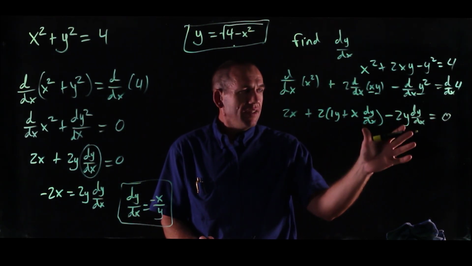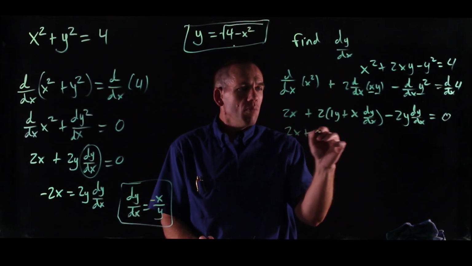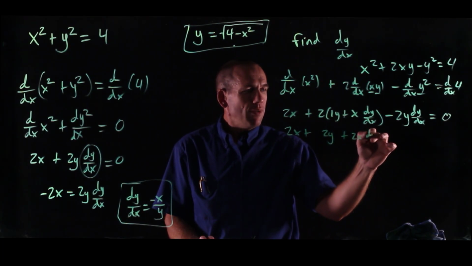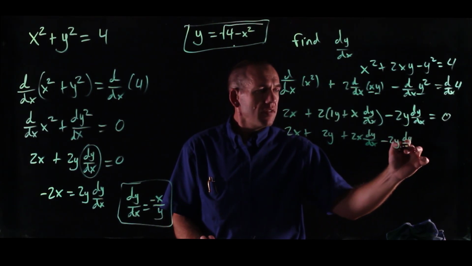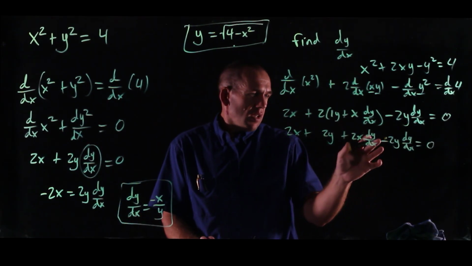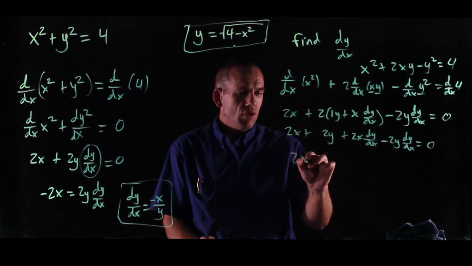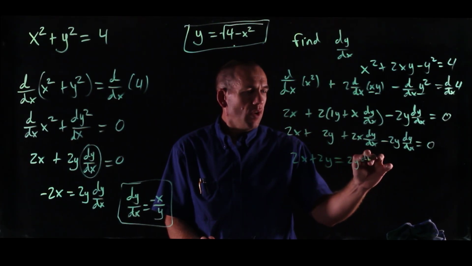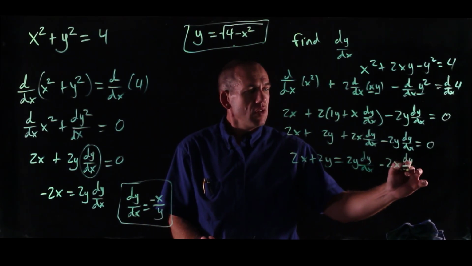Now we just have to isolate our dy/dx and solve for it, and we can find the derivative. So I have 2x plus 2y plus 2x dy/dx minus 2y dy/dx equals 0. I'm going to add the 2y dy/dx and subtract the 2x dy/dx. So now I have 2x plus 2y equals 2y dy/dx minus 2x dy/dx.